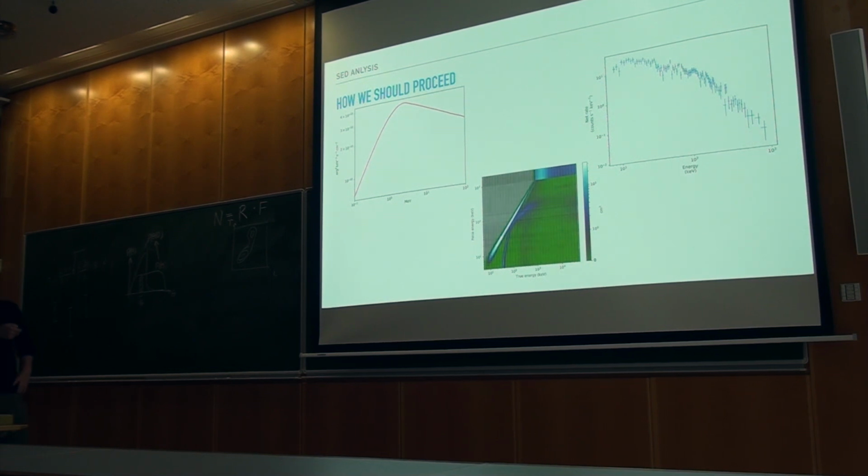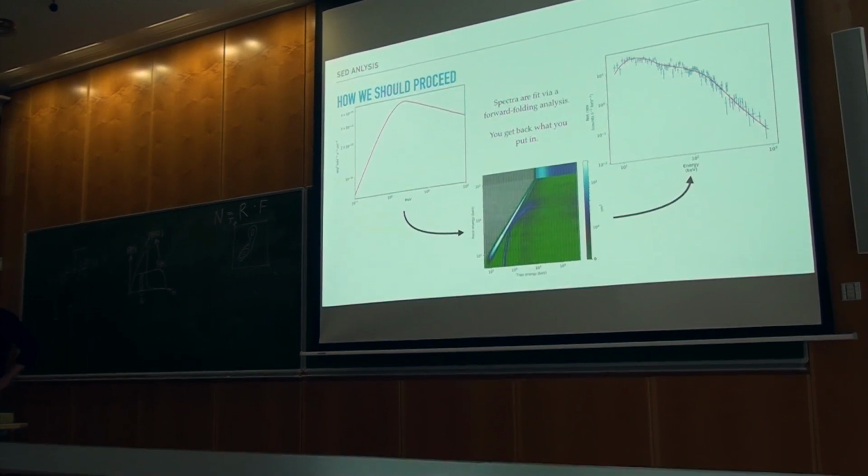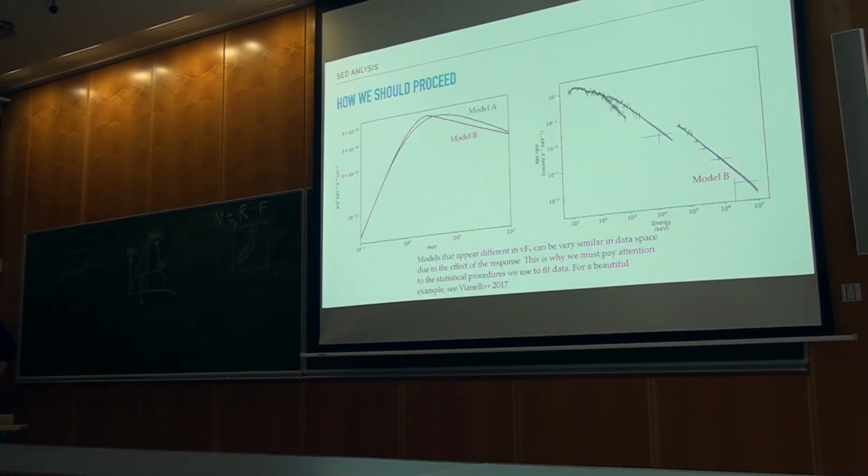In order to move this model into the count space where we actually want to do the fitting, we have to fold through the response matrix. The reason I'm going over this is that models can look very, very similar in count space compared to how they look in photon space. So these will result in basically nearly the same fit statistic, but they'll be slightly different models.